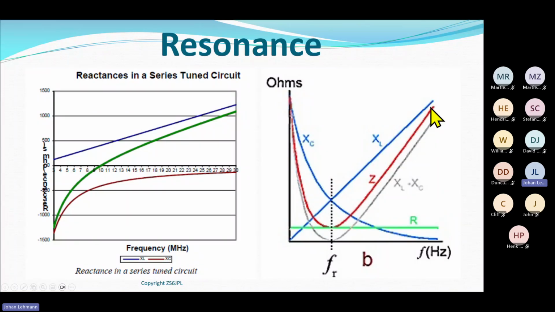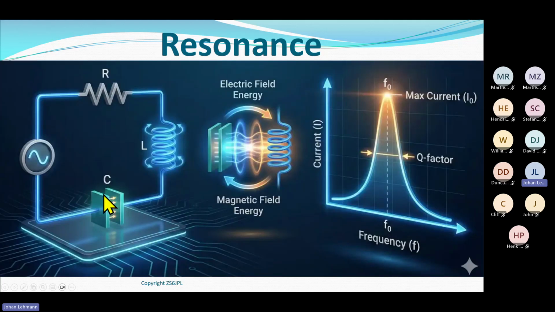Remember when we looked at the definition of impedance, we said impedance is the combination of resistance together with reactance. So if I reach the resonant frequency, which is here, my XC and XL values are the same. So the resultant value is 0, which means my impedance will only be equal to the resistor in the circuit. So if we go back here again, at resonance the reactances of this one and this one cancel each other out, and all I remain with is the resistor in the circuit.